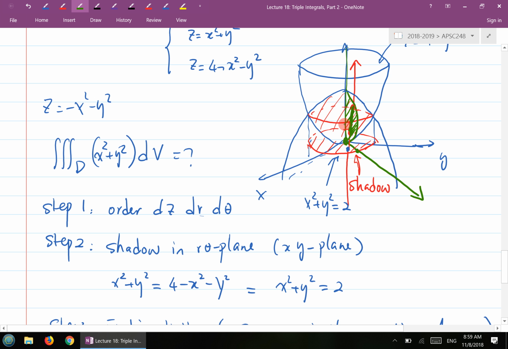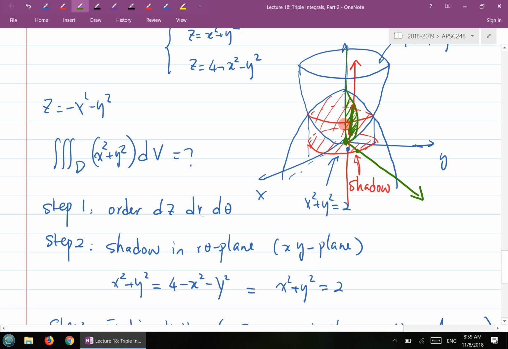R is determined by the shadow, and the shadow is basically the whole edge of the solid region D. Whatever the edge is gives you the shadow here. It doesn't mean that you still have to go back here. If I pick a small part of this region D, I have another shadow, right?